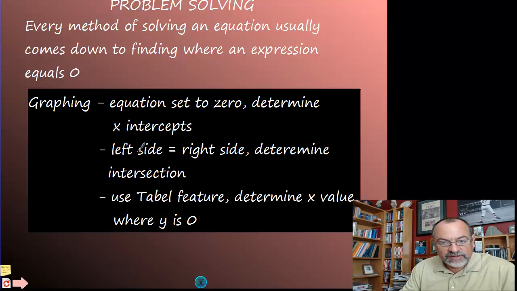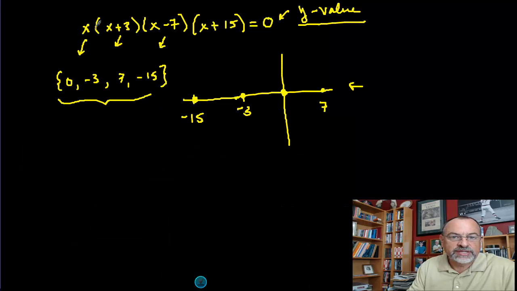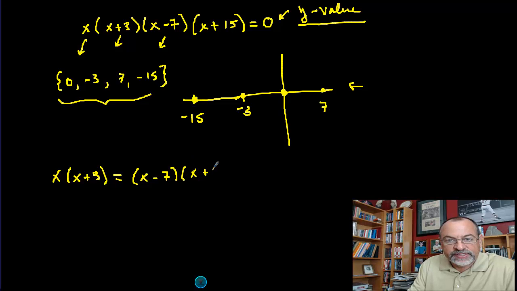Now, if the left side is equal to the right side, then we're looking at the intersection. So looking at the connection here, let's say this is similar to this in that we had x and x plus 3 on the left, and we had x minus 7 and x plus 15 on the right.